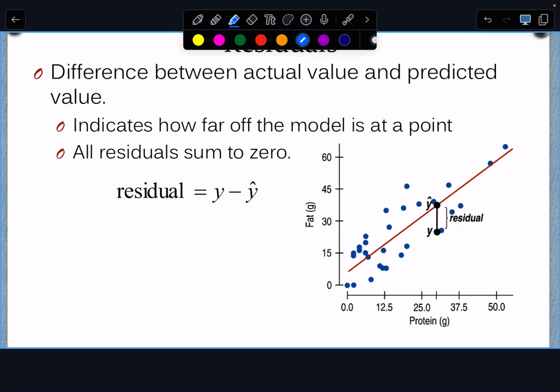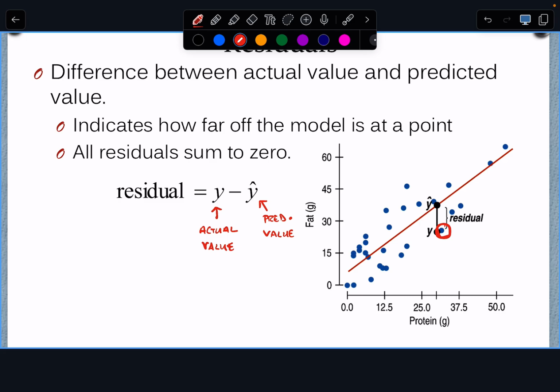And so when we calculate residuals, we use that equation that you see up there. So the residual is the actual value, so this is my actual value for y, versus my predicted value. And in the graph, it's trying to give you a visual representation of that. If I were to look at this menu item right here, I have the amount of protein and the amount of fat for that particular item.